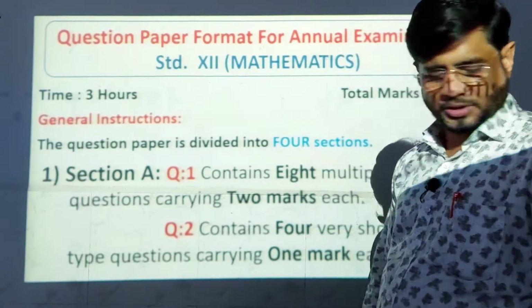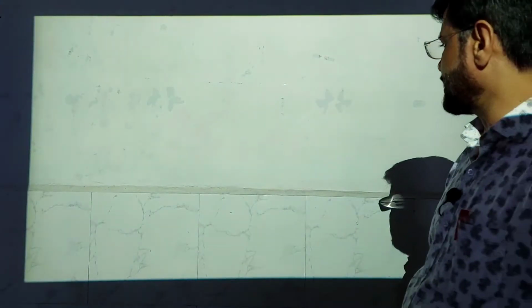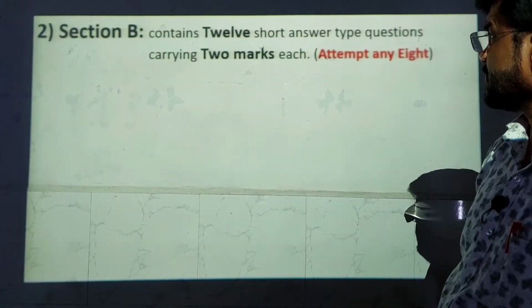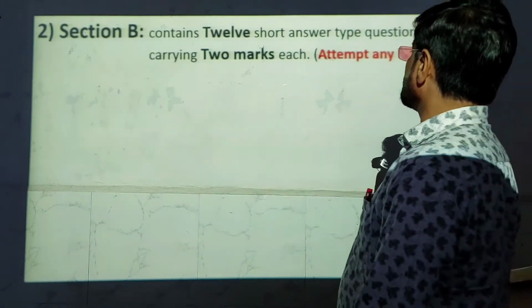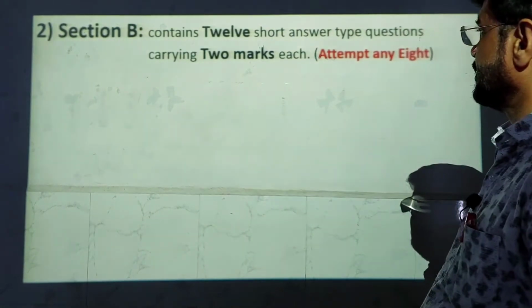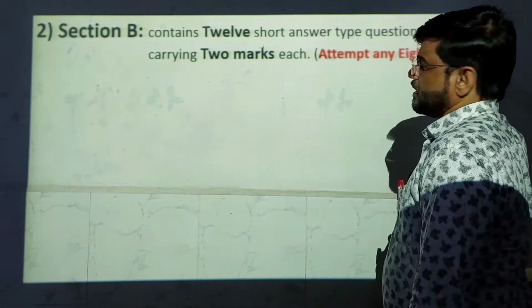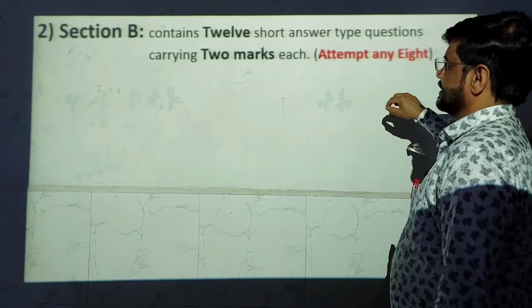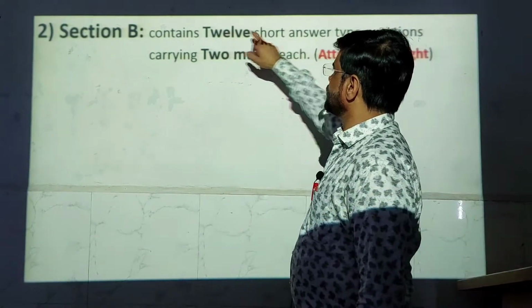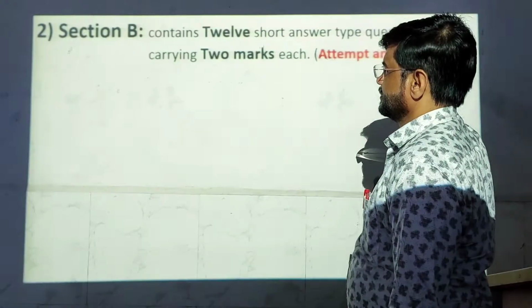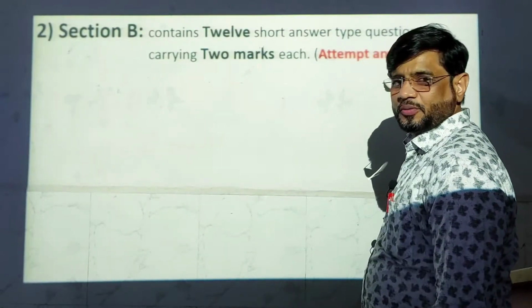Okay, now section B. Section B contains 12 short answer type questions carrying 2 marks each. Out of 12, you just have to attempt any 8, which means there are 4 options.